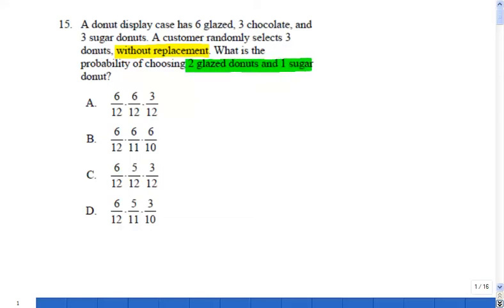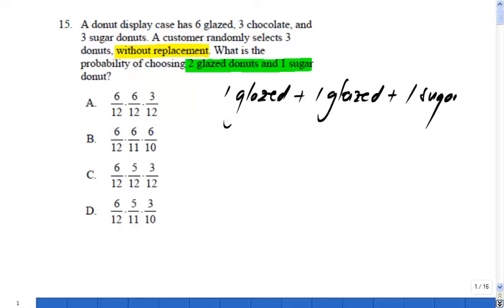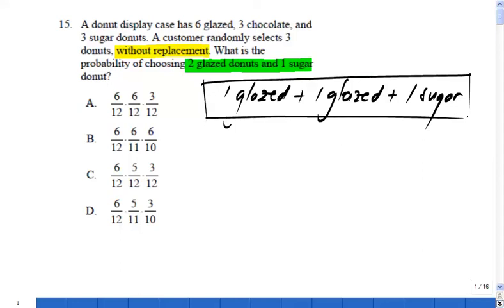So our expected events here will be to have 1 glazed, right, plus another glazed, plus 1 sugar. Call me honey, right? So these are our 3 expected events.